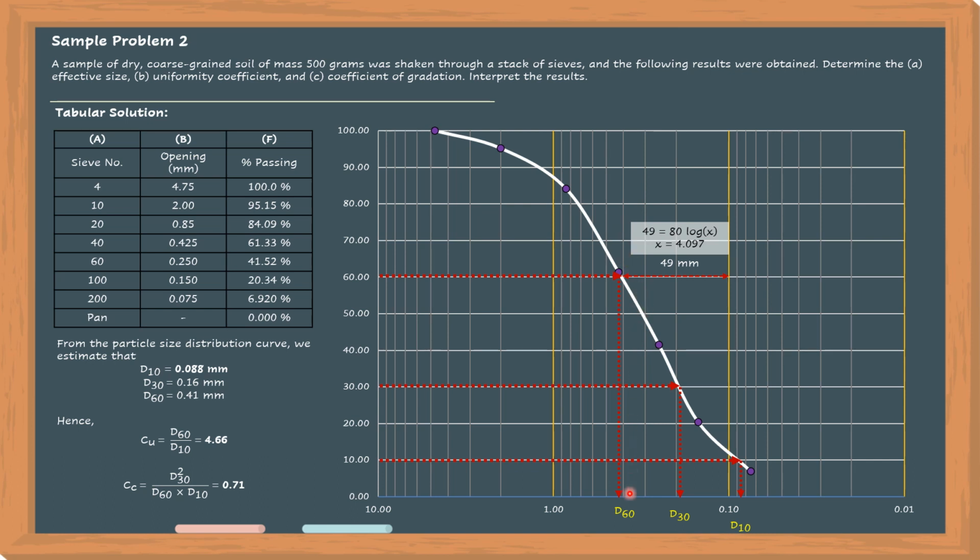So since naa man ta sa second cycle, ang second cycle is from 0.1 to 1. So ang pag-count niya is 0.1, 0.2, 0.3, 0.4, 0.5, 0.6, etc. So ibig sabihin, ang x na 4.097 na naa sa second cycle should be counted as 0.4097 and not as 4.097.